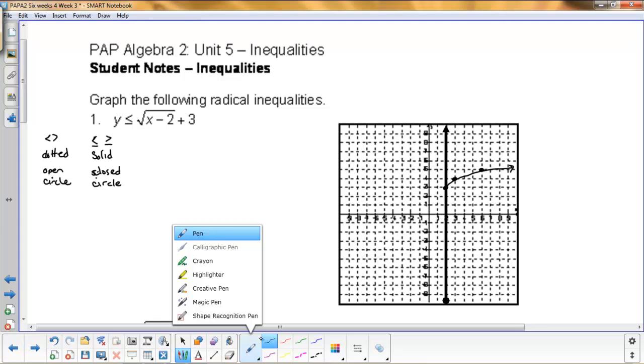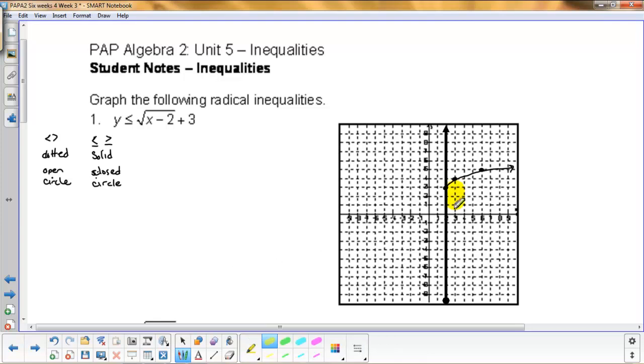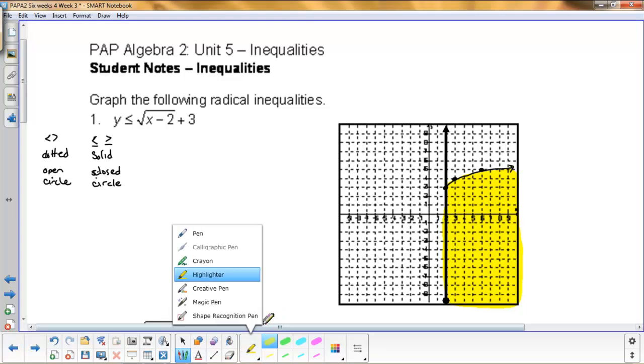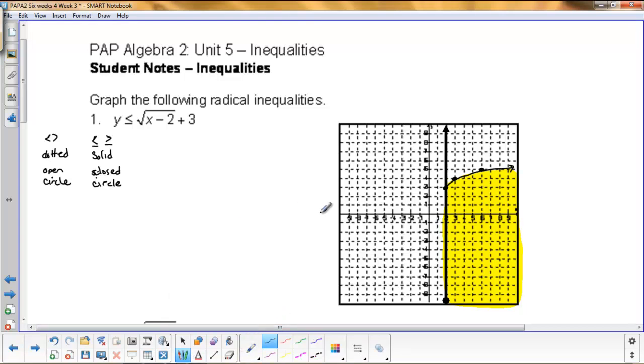So, take my highlighter and fill in the solution set, and then we will further describe the solution set using domain and range in interval notation. So the solution set to this is that shaded area. Notice it does not go beyond this because any value to the left of the starting point of the square root is undefined. That is why there's a boundary line there. Because it's less than or equal to, both the boundary line and the function itself are solid.